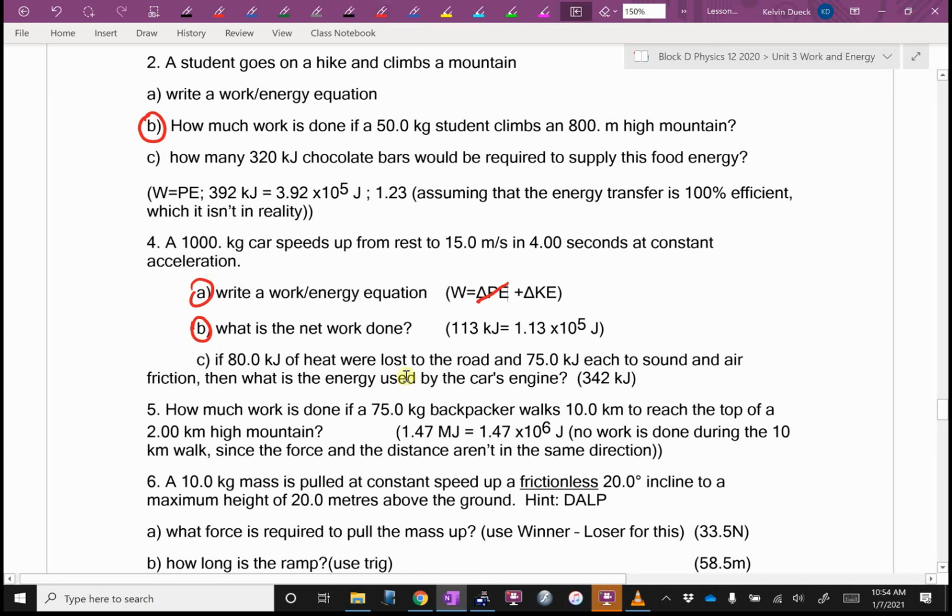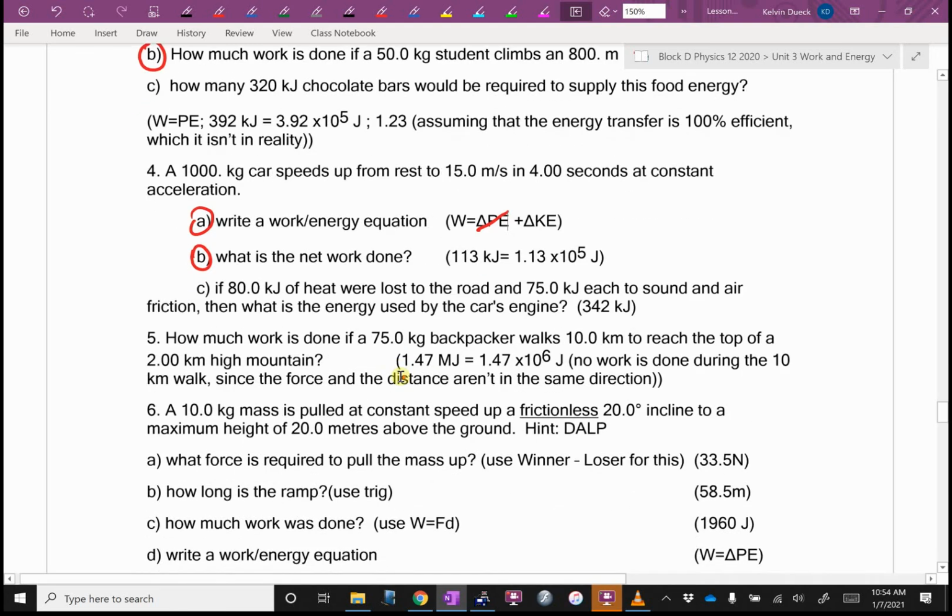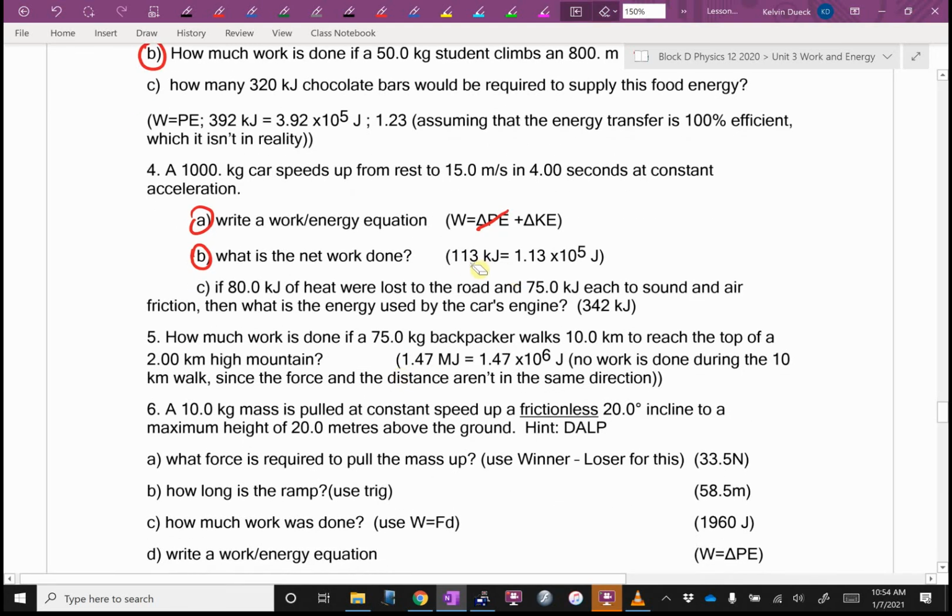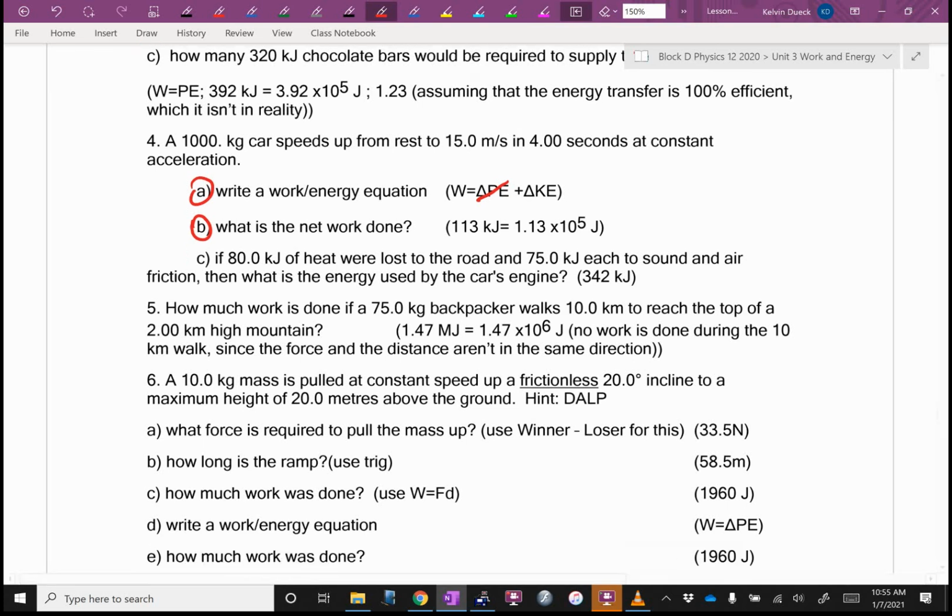So there is no change in height, so no change in potential. So you can just use change in kinetic. In fact, I think it's very similar to the car question that we did where we got a pretty big answer. You'll get a negative answer. I didn't include the negative in my answer because it just said, what's the net work done? You lose that much energy, but you'll get a negative answer, I think.